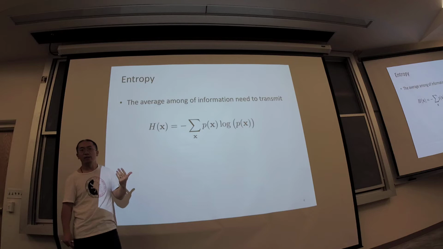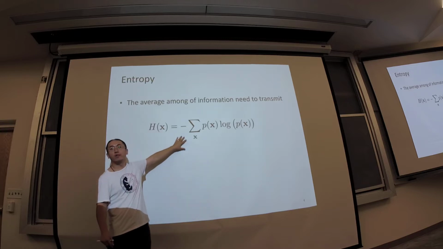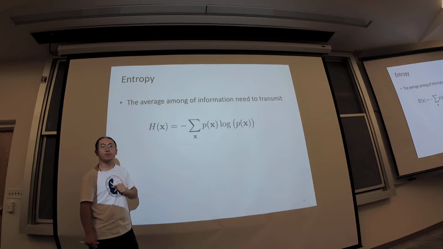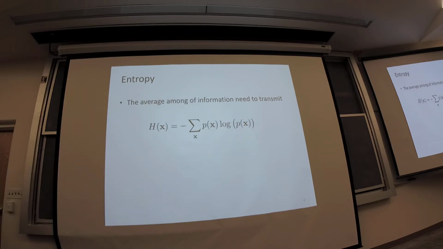How do you design it? Obviously, entropy is one design. Of course, you can design other kinds of measure. It depends on you, as long as your assumptions and requirements sound reasonable. Does it make sense?